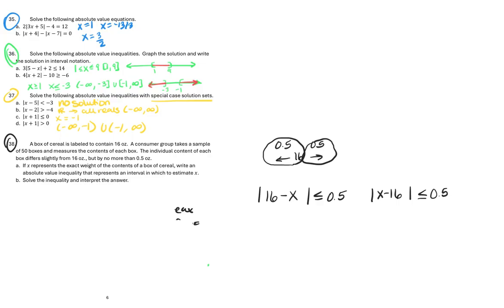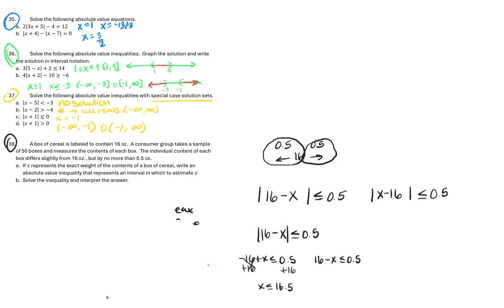Then we need to solve that inequality. So then we have 16 minus x less than 0.5. Then we can do -16 plus x less than 0.5, and we can also do 16 minus x less than 0.5. So when we do that, we can add 16, and then we have x less than 16.5.